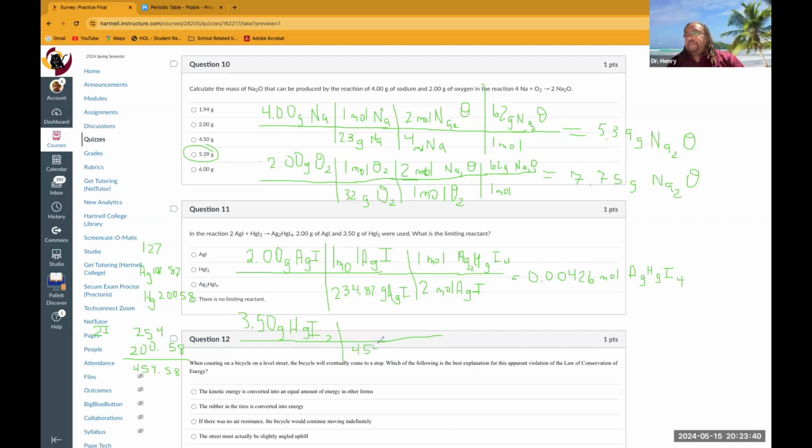So we're gonna go ahead and put that down here. Okay, so what is the mole to mole ratio of the mercury 2 iodide to the silver mercury 2 iodide? Mole to mole ratio, it's 1 to 1.